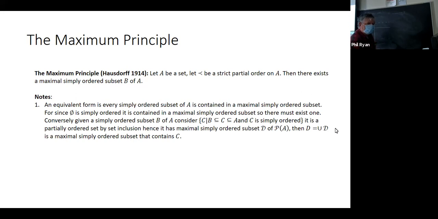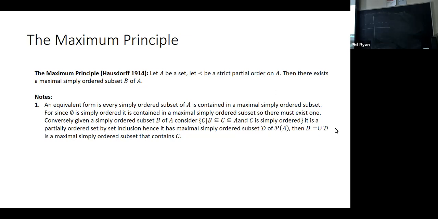Another way that some people talk about that is it's saying that every simply ordered subset of A is contained in a maximal simply ordered subset. And it's easy to see that that is equivalent.